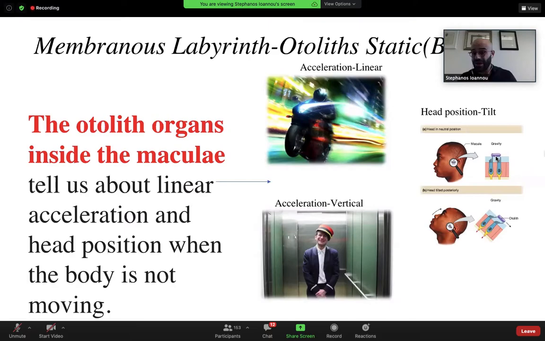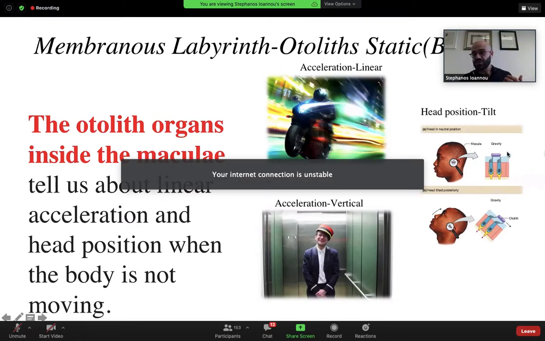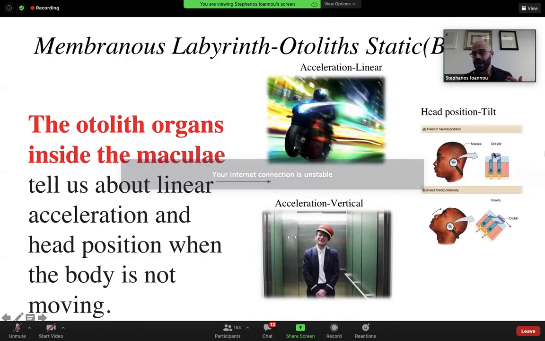If the head tilts backwards, forwards, left, or right, then these otoliths slide where the head is, they tilt in the direction of the head, and through neuronal activation, the cerebellum will be informed in regards to where the head is in space and time.